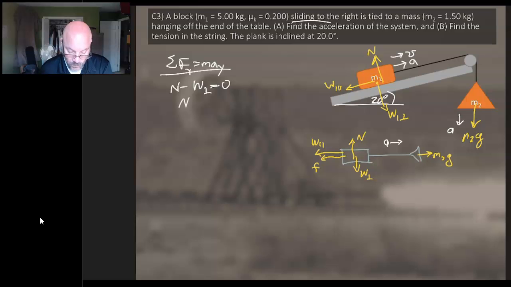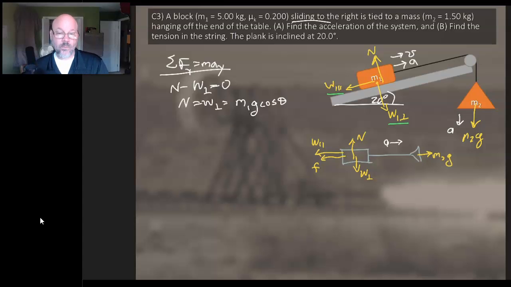So the normal force becomes our perpendicular component, and that becomes M1G cosine theta. Again, we've talked about this before. You really should just memorize parallel and perpendicular components when we're dealing with the ramp, because they come up a lot. You don't want to have to stop every time and wonder which is which. Just stick that one in there for good measure.